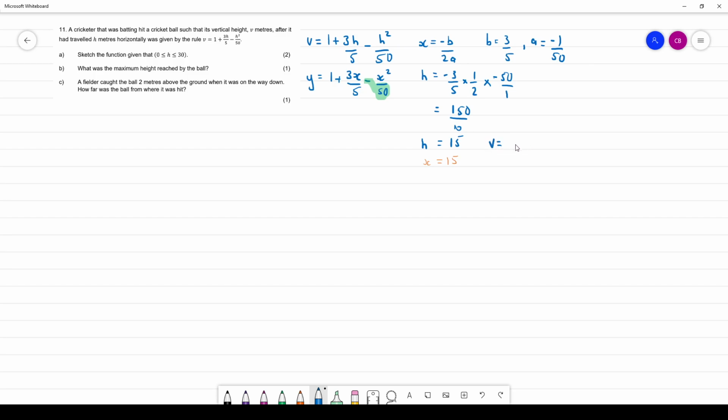V equals 1 plus 3 times 15 over 5 minus 15 squared over 50. And I hope you've got your calculators handy, because do I want to work this out? I do. I'll be honest, I do want to work it out.